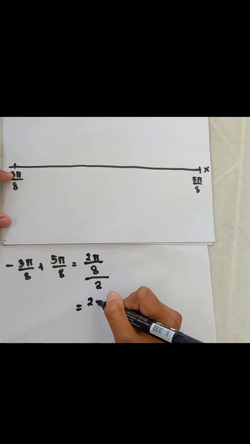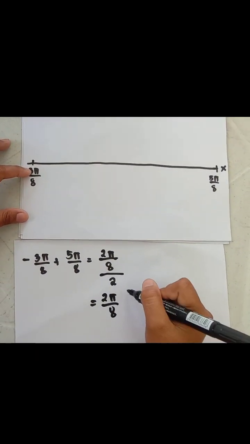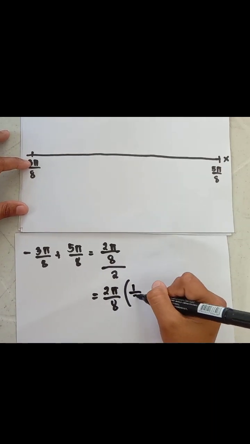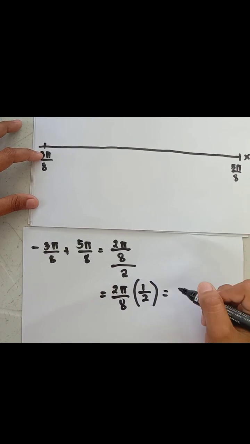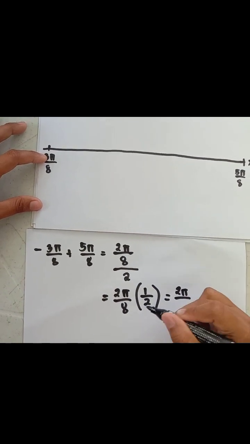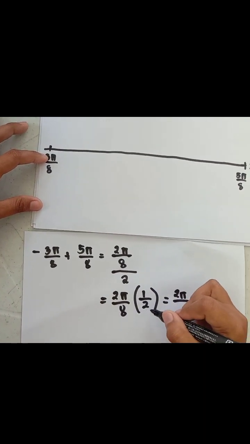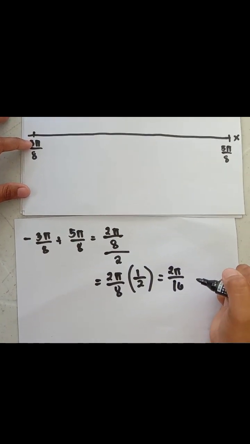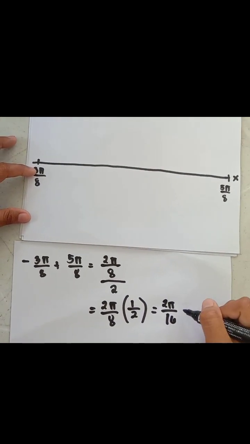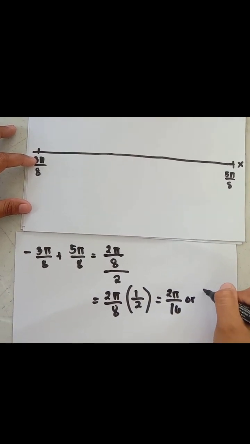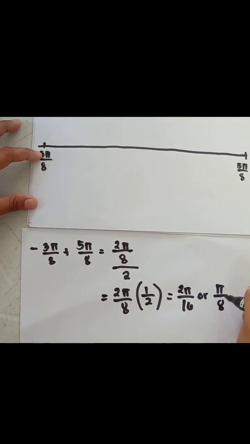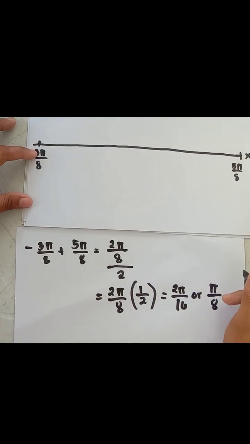So, 2 pi over 8 times 1/2. So, 2 pi times 1 equals 2 pi. 8 times 2 equals 16. Then, reduce to the lowest term, which is pi over 8. And this is our midpoint.